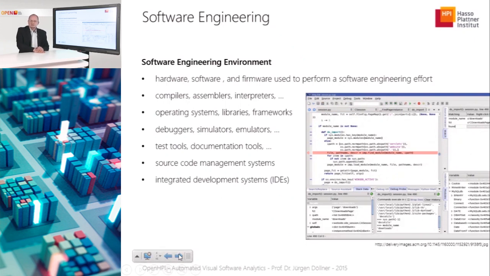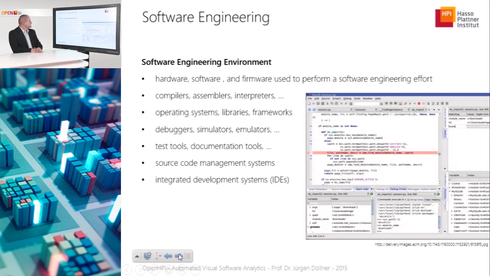For software engineering, we can take advantage of different software engineering environments. By software engineering environment, we refer to hardware, software, and even firmware used to perform a software engineering effort. Software engineering environments, and most of you are familiar with some of them, include, for example, integrated development environments that also contain and provide access to compilers, assemblers, interpreters.